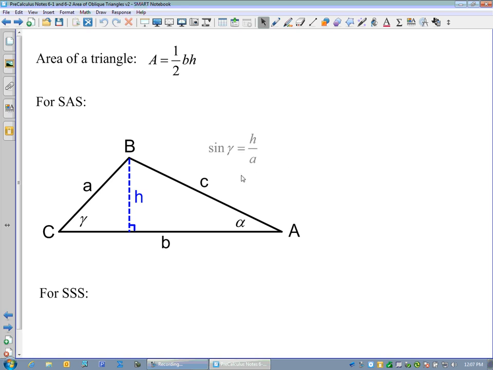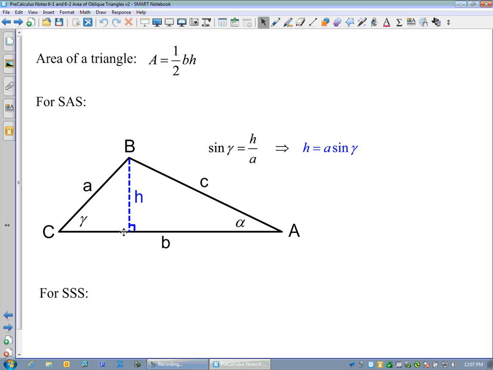Now, this equation implies, if I solve it for h, that h is equal to a sine gamma. An easier way to think of this is anytime you have a right triangle, your opposite leg of the right triangle, based on the angle that you know, is always going to be the hypotenuse times the sine of the angle.